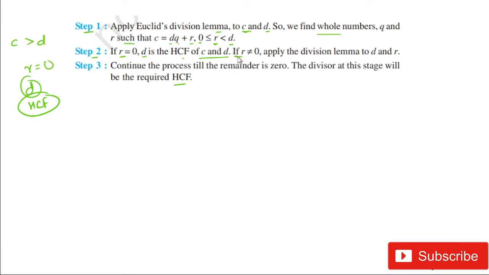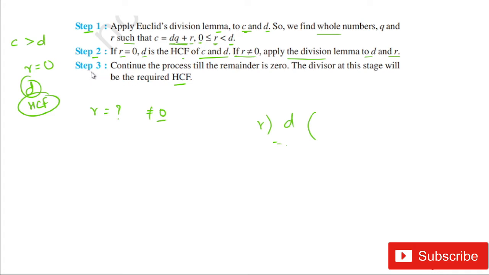And next it says if r is not equal to 0, if the remainder is something not equal to 0, then apply the division lemma to d and r. Then we divide d by r and write it in the same form.